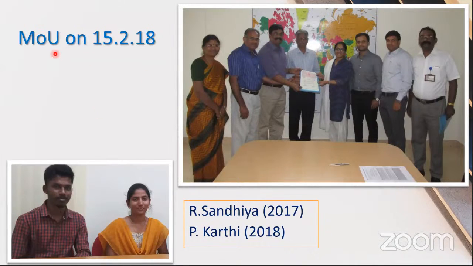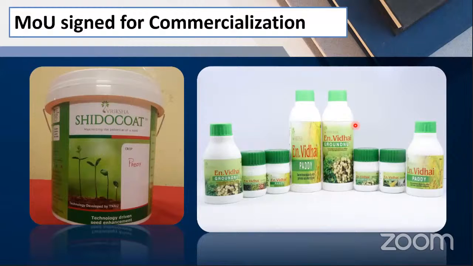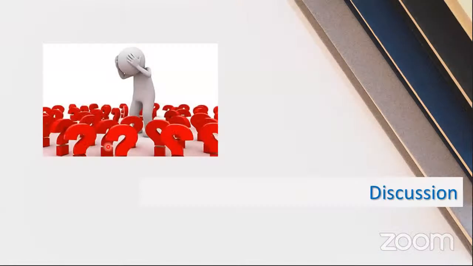The MOU was signed on 15/2/18 with a private company called Vriksha Agro Ventures, and they have taken up the commercial production and supply of this particular polymer. It is called Shidacot. For the farmers, the diluted version is N.Vidai. They are marketing this in Tamil Nadu, and it is available all over India. So now, any questions?